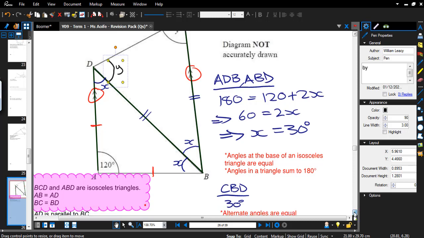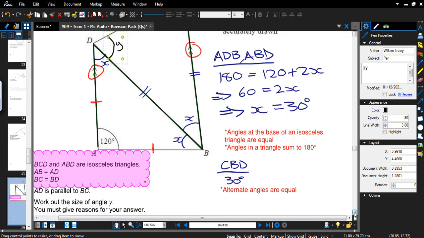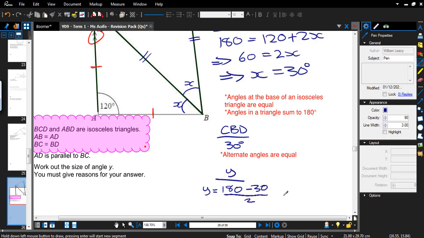So you could say y equals, so x is 30, so y has to be 180 minus 30 divided by 2. So let's do this. So we can say y equals 180 minus 30 over 2, and that equals 75 degrees.